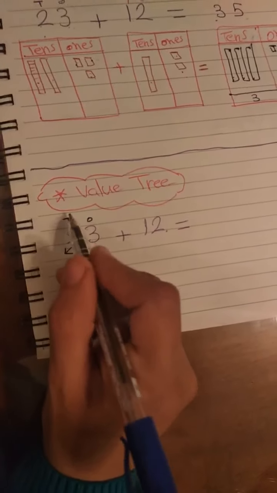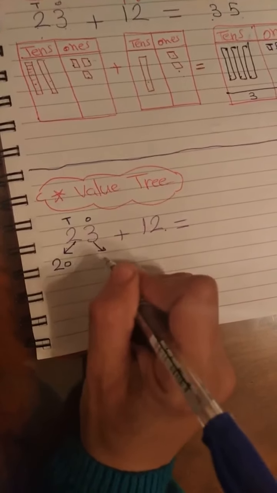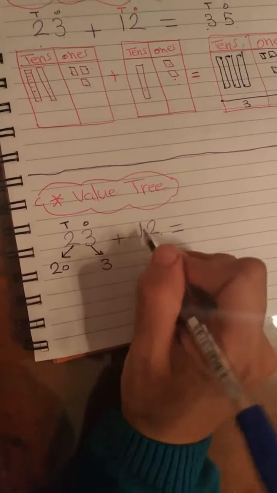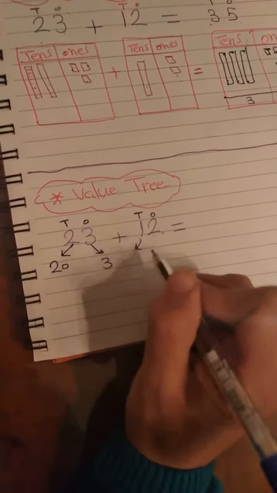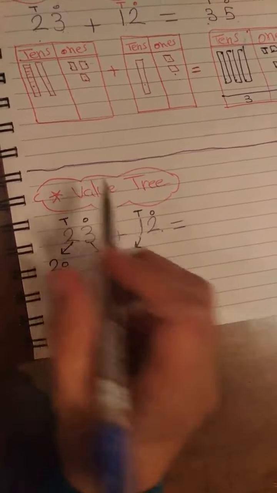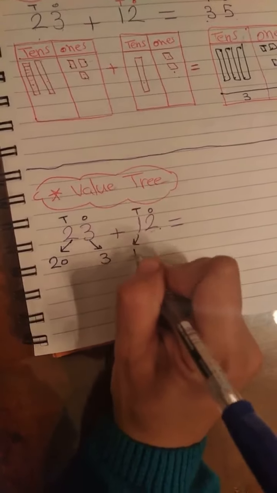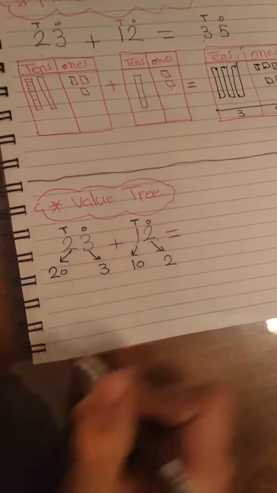So here 2 in tens will be 20, 3 in ones will be 3. And decompose the second number, which is 12, ones and tens. So here, to decompose it using the value tree, I will put it in its value. 1 in tens will be 10, and 2 in ones will be 2.